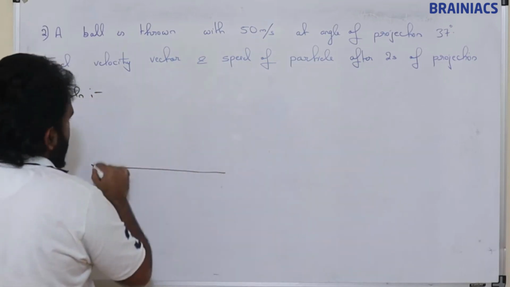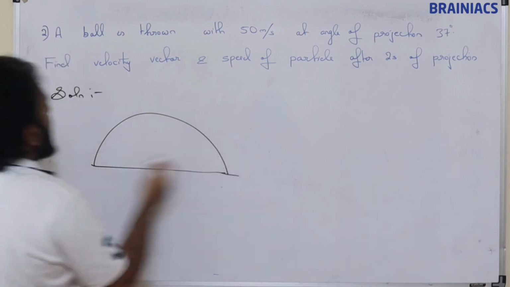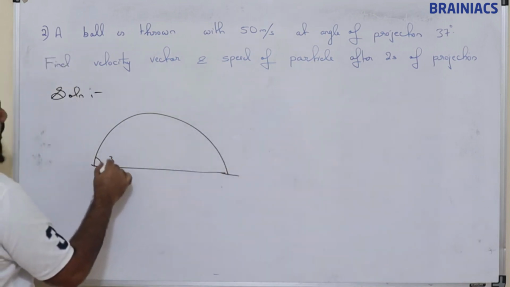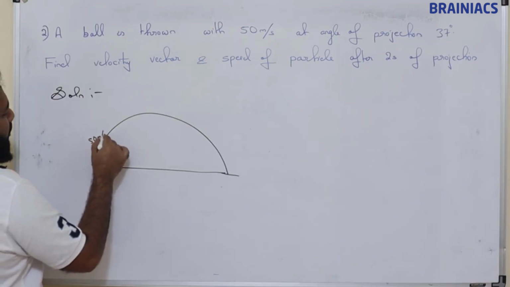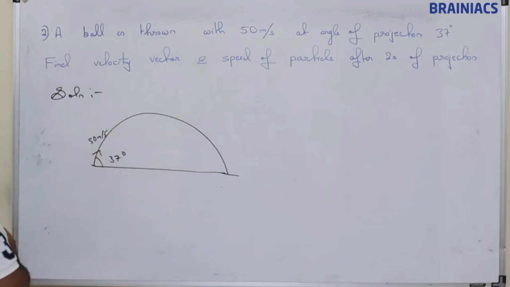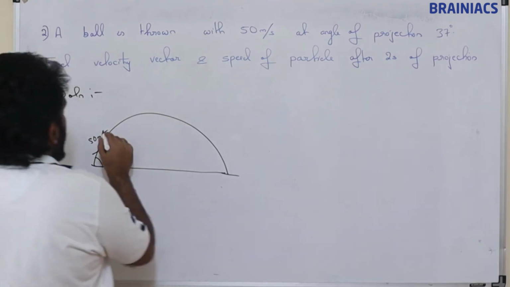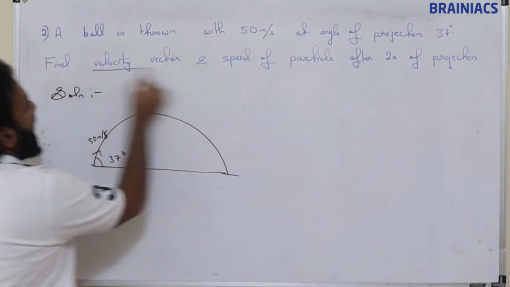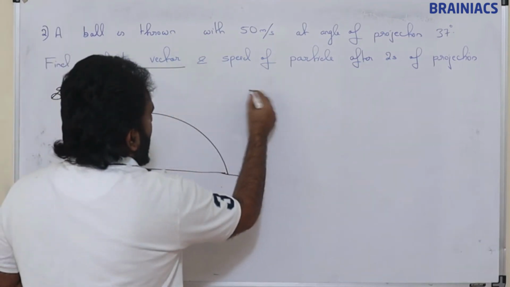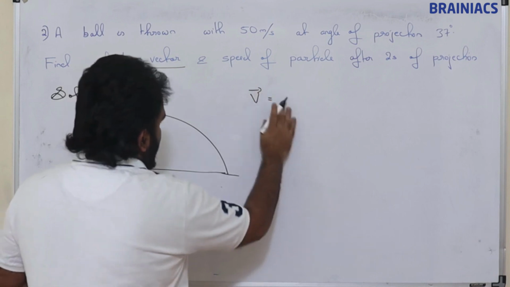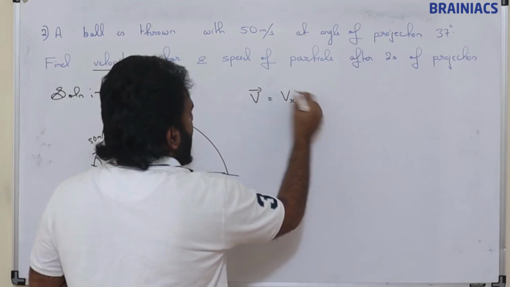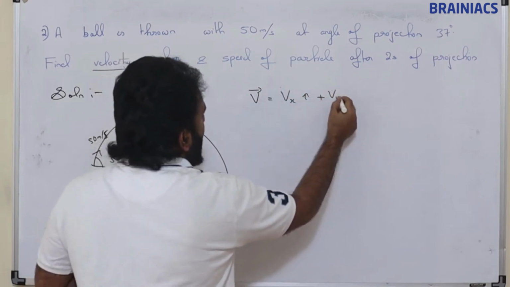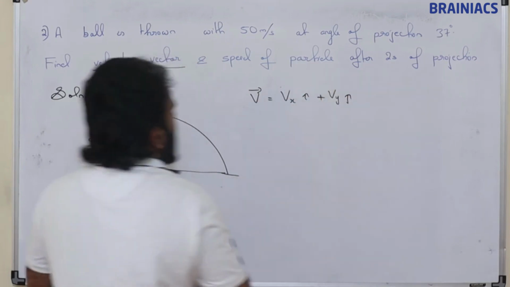Okay, now I will solve. So again, projected at an angle 37 degree with an initial velocity 50 meter per second. Now what they are asking is to find the velocity vector. So velocity will be Vx i plus Vy j after 2 seconds.